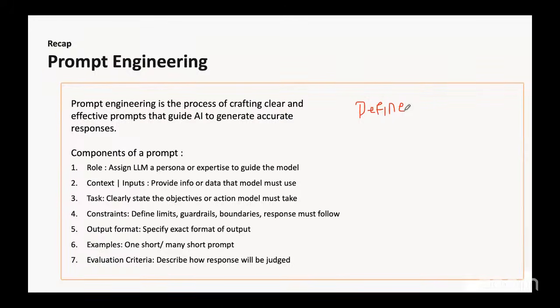This ensures that it is able to provide us, from the corpus, those generative tools which are available in similar roles. Okay. So this is the reason why we assign a role.